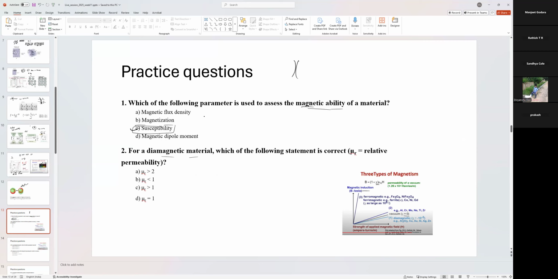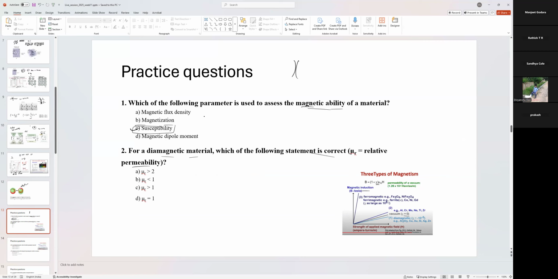For a diamagnetic material, diamagnetic means all the electrons are paired. Which of the following statements is correct? Relative permeability.